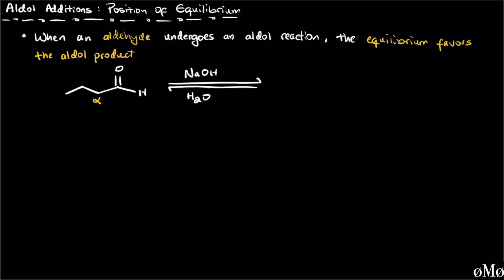The way you can think about drawing and predicting the product of this aldol addition is by taking your molecule. Note the alpha position that I have specified on our substrate. You can redraw your substrate on the right-hand side, and once again, note the alpha position.